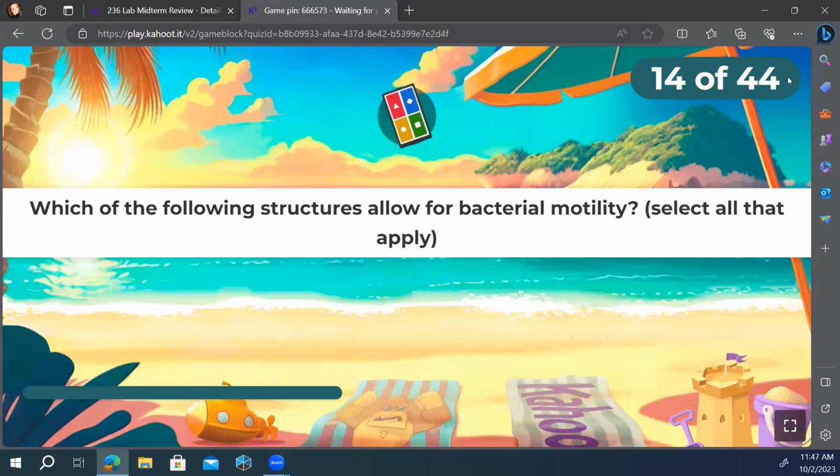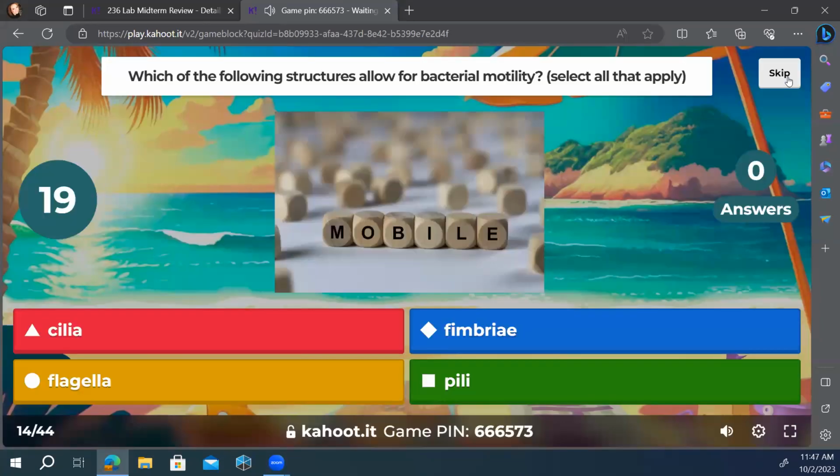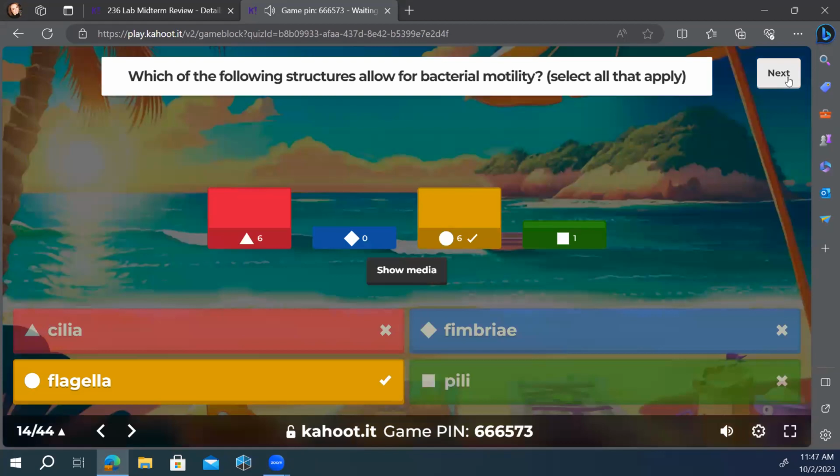Which of the following structures allow for bacterial motility? Select all that apply. Well, okay, that's lucky for you guys because it is only one of them. So if you pick the right one. All right, so for bacterial motility, we have only flagella that allows us to move around.